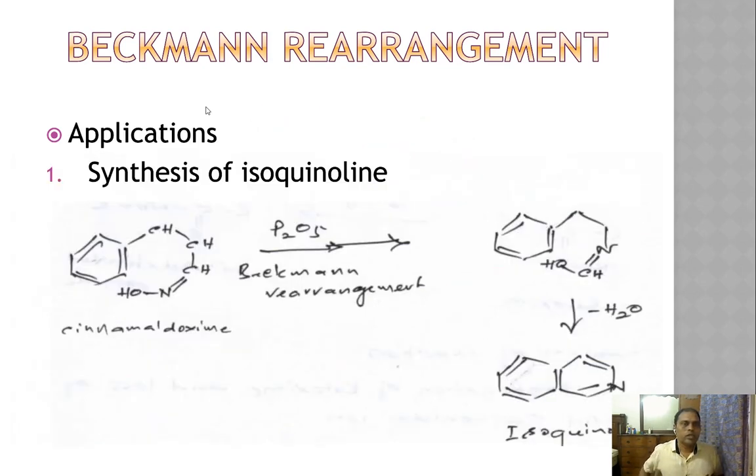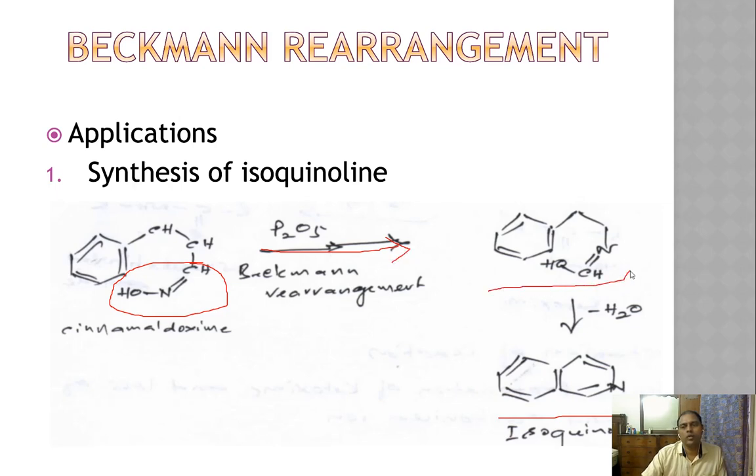Let's look at the applications of this reaction. It is used in the synthesis of isoquinoline. Isoquinoline is a heterocyclic compound. Here is the isoquinoline. You have to take cinnamaldoxime for that, right? So here's the cinnamaldoxime. You have to treat it with phosphorus pentoxide. So you're going to get this intermediate product.